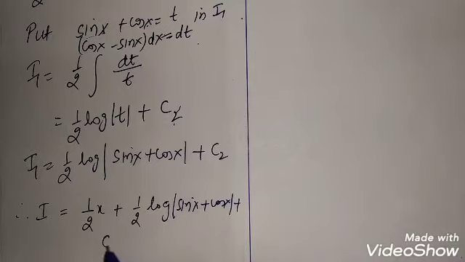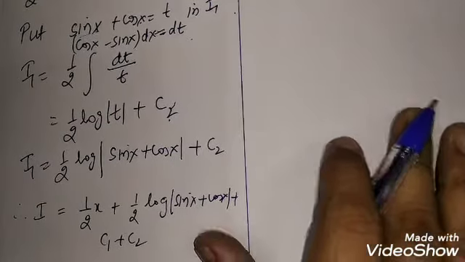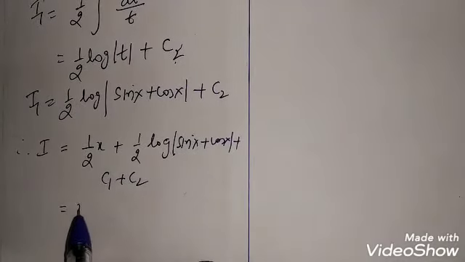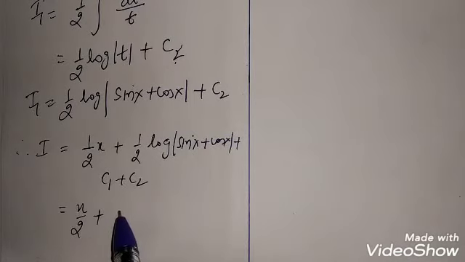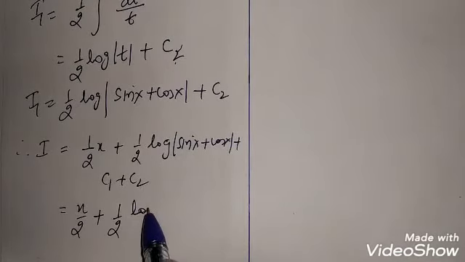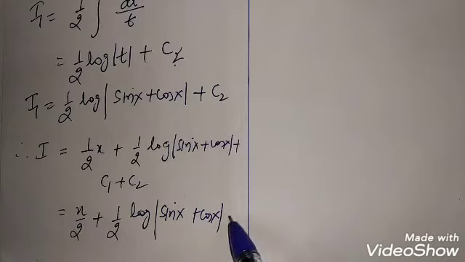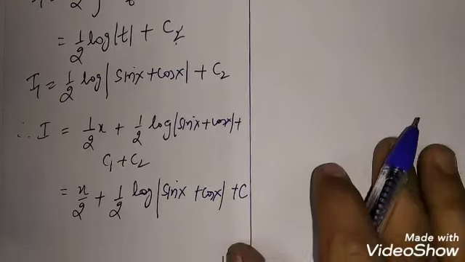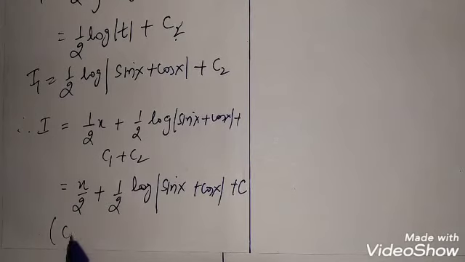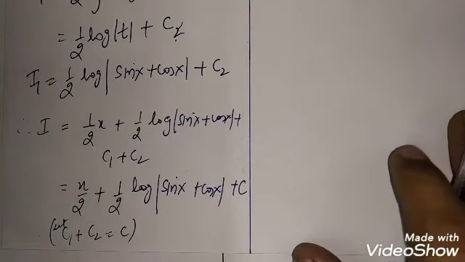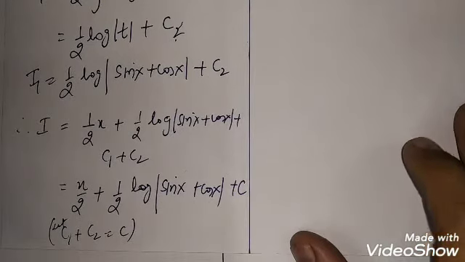The value of C1 plus C2, take it to be capital C. Simply take it to be capital C. So this is x by 2 plus 1 by 2 log mod sin x plus cos x mod whole plus C, where C1 plus C2, as they are constants, you can say C1 plus C2 is equal to capital C.